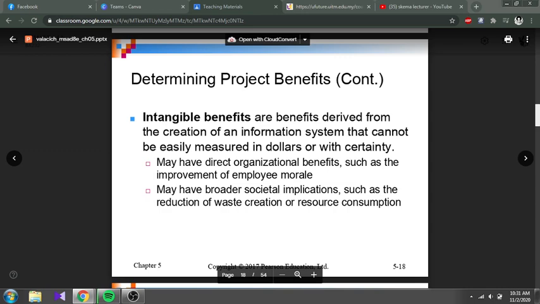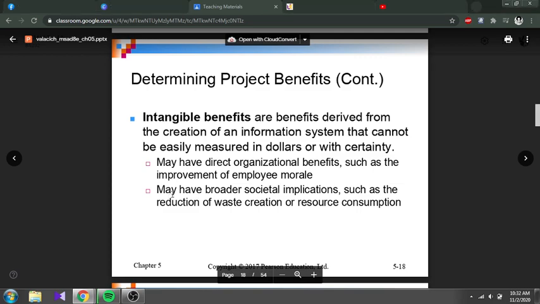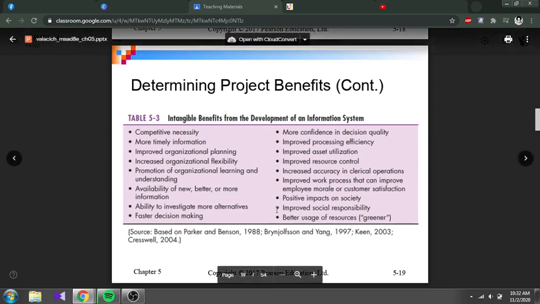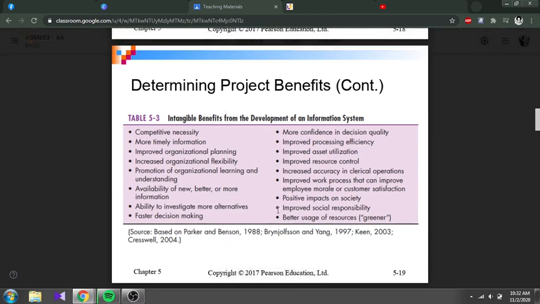Okay, potential intangible benefits that can be considered. I just want you to have an idea. Okay, intangible benefits from the development of an information system. There are several, maybe you can memorize five or six.